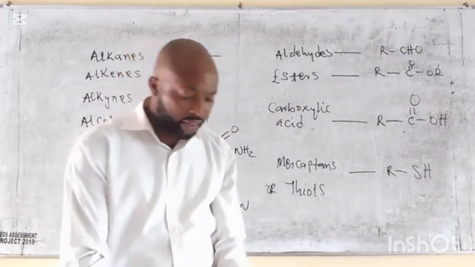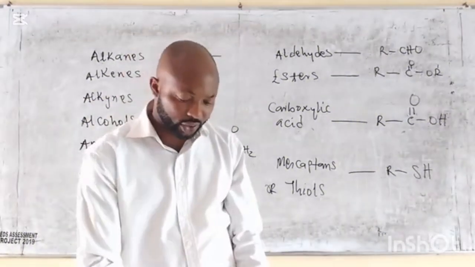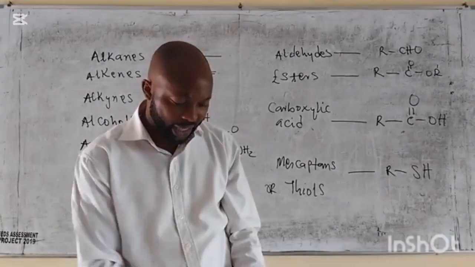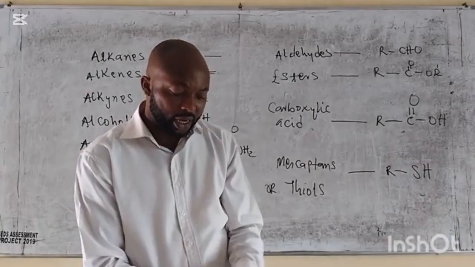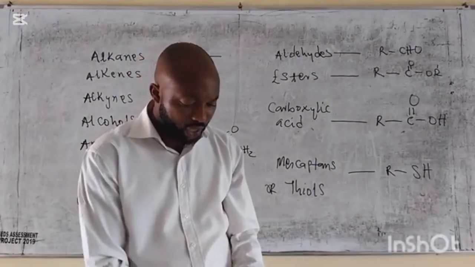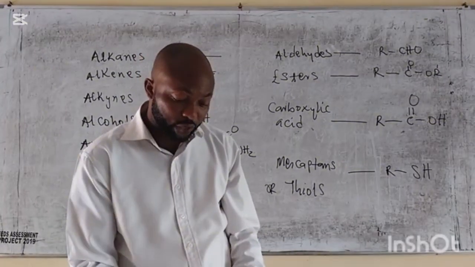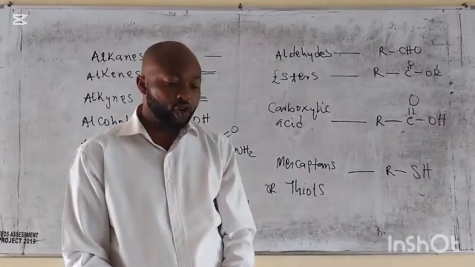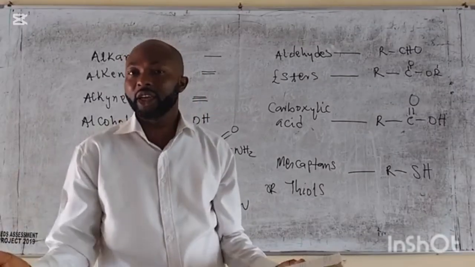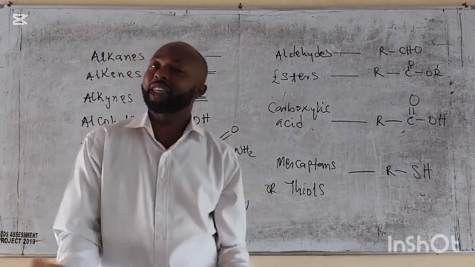So let me take certain questions so that we can go through them and see how we answer them in our naming process. We have dealt with the rules before, but we'll just go through them as in answering the questions directly to see how far we have mastered the rules.